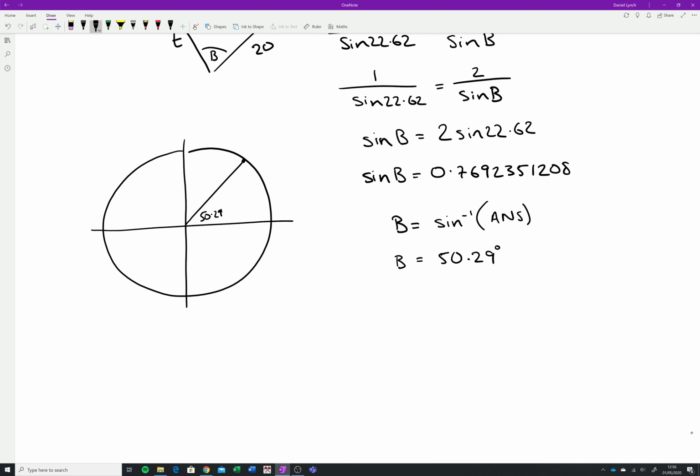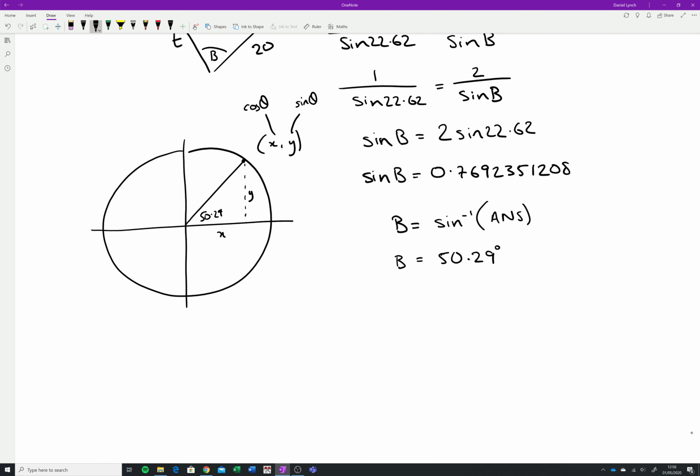Okay. What that tells us is, remember that this is made up of an x value and a y value. And you'll remember that it's cos theta and sine theta.